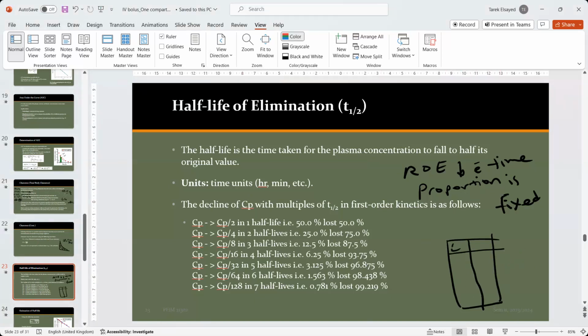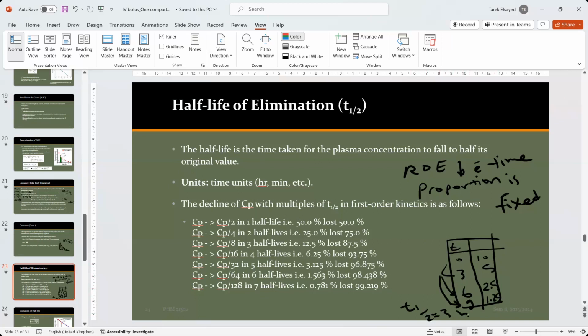For example, at time 0, the concentration was, say, 10. 3 hours later, it became 5. 3 hours later, it became 2.5. 3 hours later, it became 1.25. So here, the 3 hours actually, since it is divided by 2 all the time, means T half is equal to 3 hours, right?